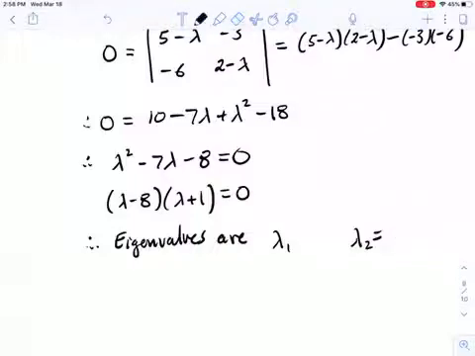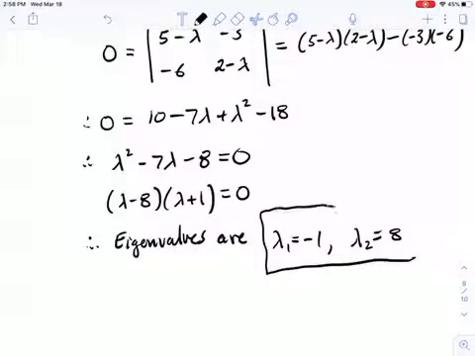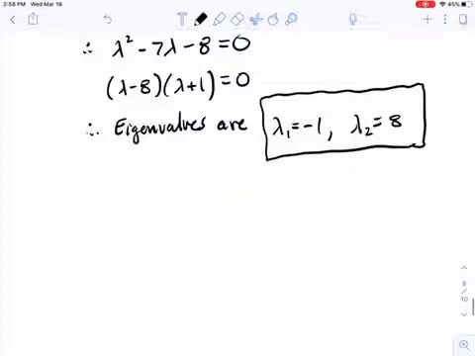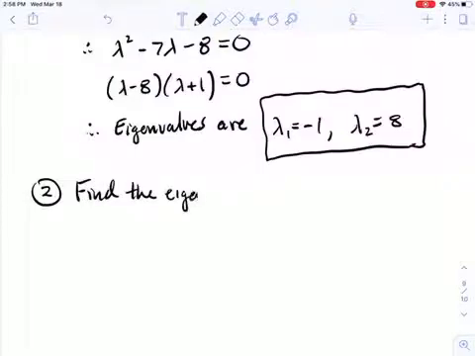And then if we look at the other bracket, we have lambda plus 1. So if we set lambda equal to minus 1, we'd have minus 1 plus 1, which is 0. So the other root, or the other eigenvalue, is minus 1. Okay, so there are our eigenvalues. Step 2 is find the eigenvectors.